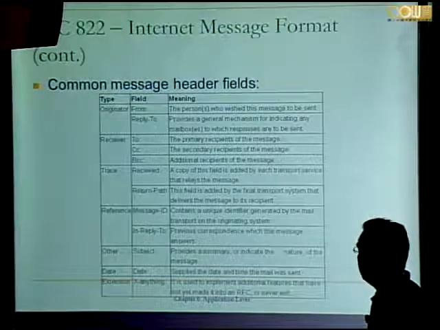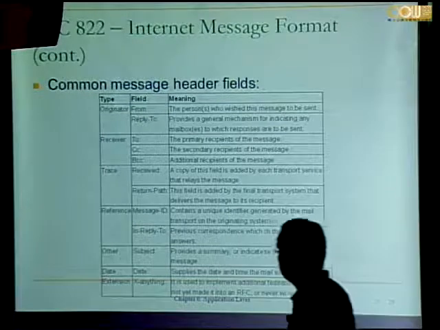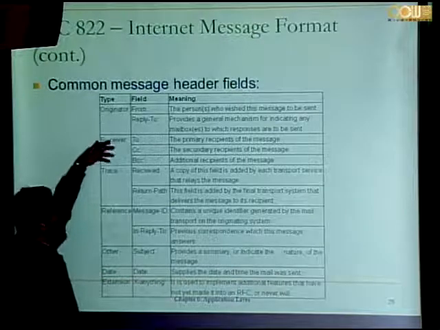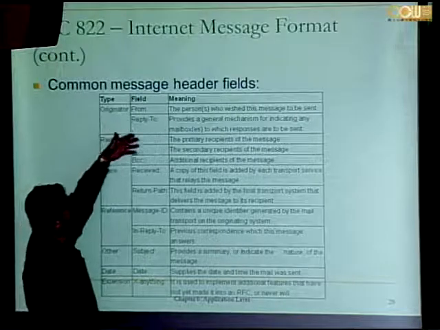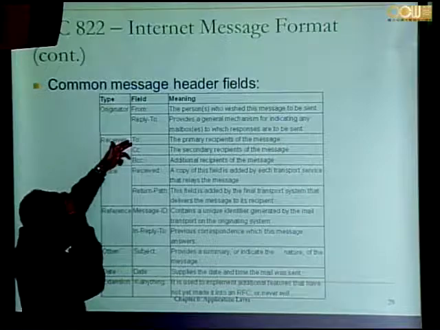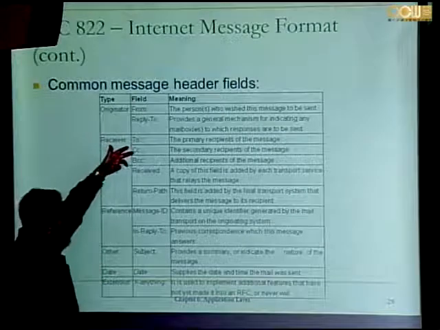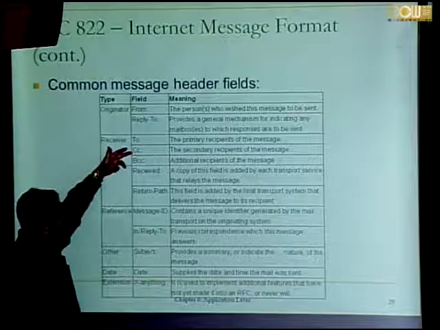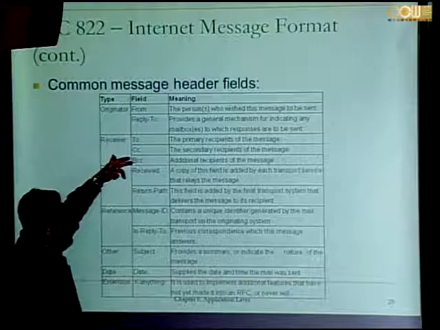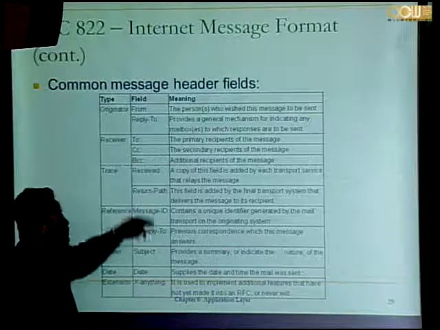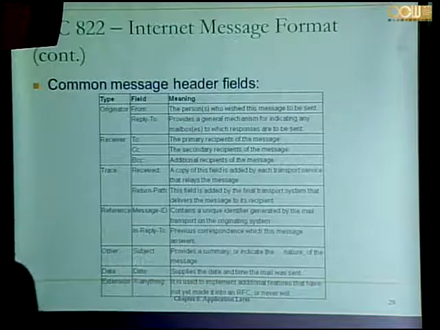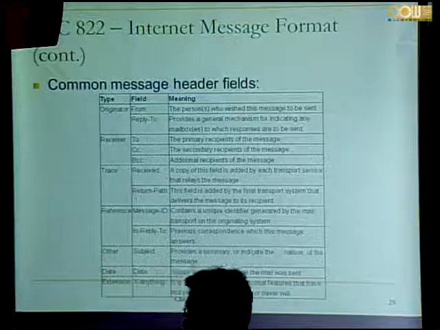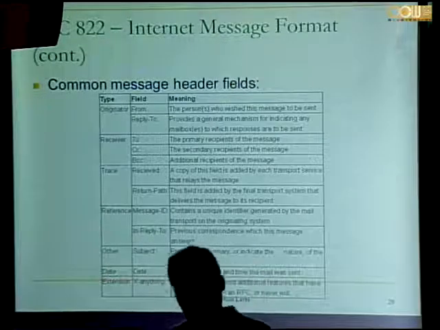For example, here it lists the major message header fields: from is the originator, reply to, and then a recipient could be To, or CC, while BCC. CC stands for carbon copy, while BCC stands for blind carbon copy.